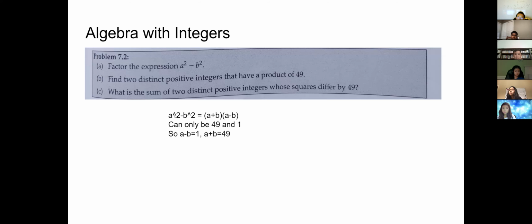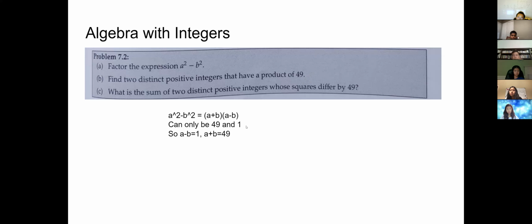Just to add a little bit, I appreciate whoever spoke in there. A squared minus B squared is A plus B times A minus B. And specifically for 49, it has factors 1, 7, 7, 49, right? So the only possibility would be 49 and 1.